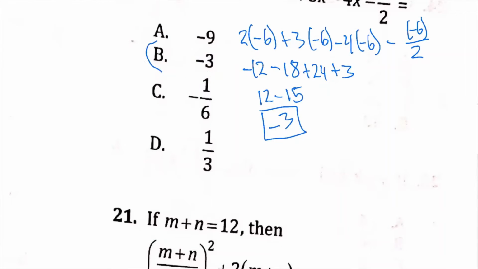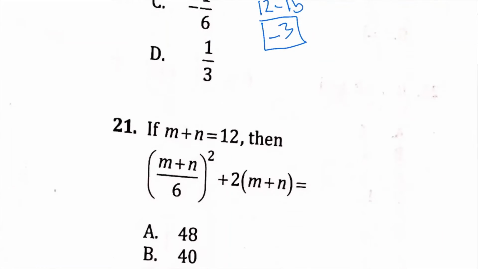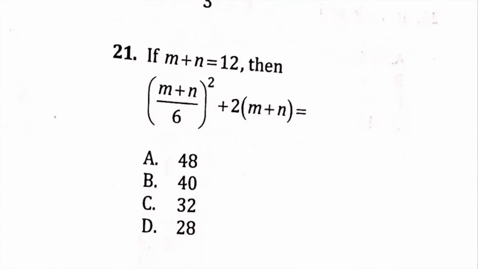Now, let's do the next one. Now this can be a little tricky, but n plus n, so it's saying this whole thing is going to replace this. So n plus n is equal to 12. So 12 is going to go inside here and replace it. Right? That is what's going to happen.